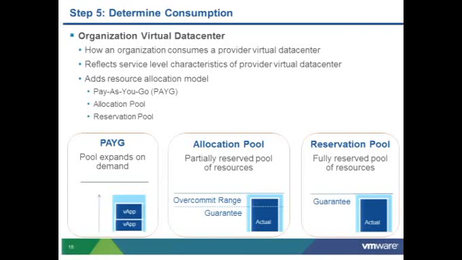Earlier we carved up the provider virtual data centers to represent the services that we offer to our consumers. When consumers draw down from provider virtual data centers, there's a construct called an organizational virtual data center. When you create an organizational virtual data center, you first pick the provider virtual data center that you want to draw down from, but you also have an option to specify how the resources are allocated to your consumers.